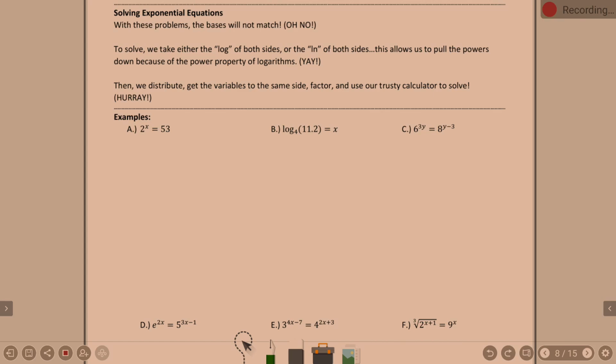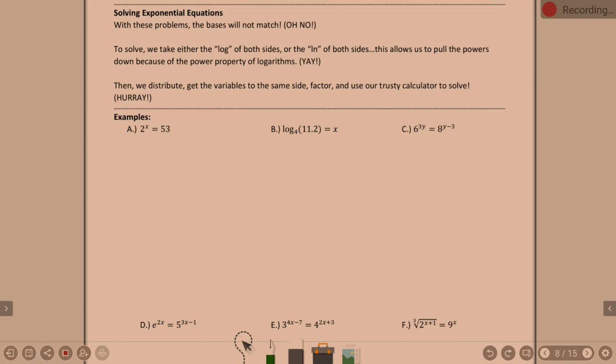With these problems, the bases won't match. We've talked about some where if you can get the bases matching, then your answer is in the powers. That isn't going to happen. This is 2 to the x, but 53 is not 2 to some power. So what's the plan when we can't get the bases to match?